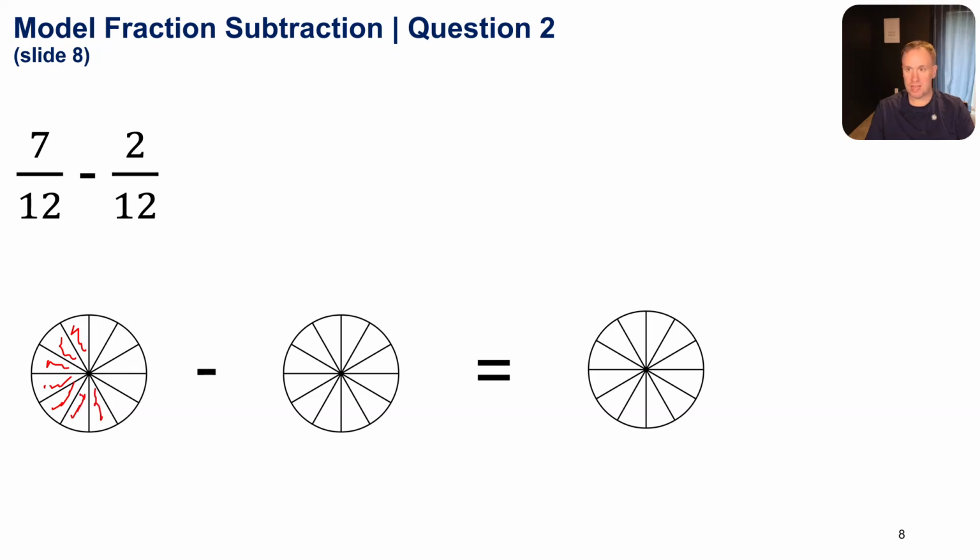And then we are taking 2 of those divisions away. So I'll take these 2 here. So then if I went to write in the slices that we have left, we would have 1, 2, 3, 4, 5 left over. Okay, so 5/12 is my result.